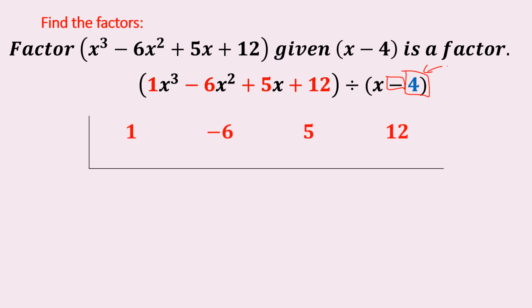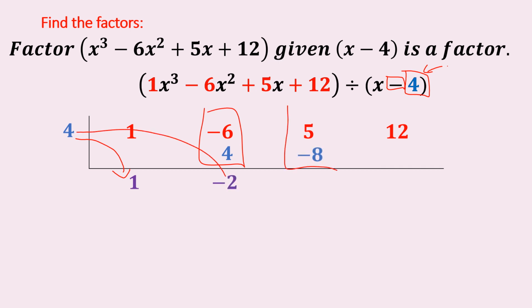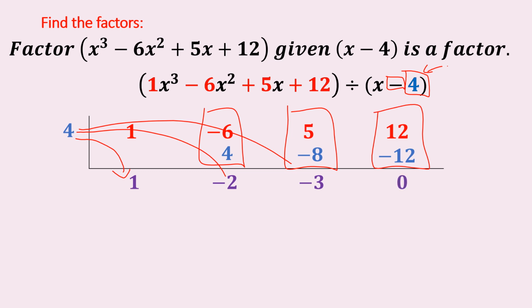We write it in our little L-shaped box, put the 4 on the outside, copy down that 1, and then we just start doing our multiplication, add them together, multiply, add those together, multiply, add those together.